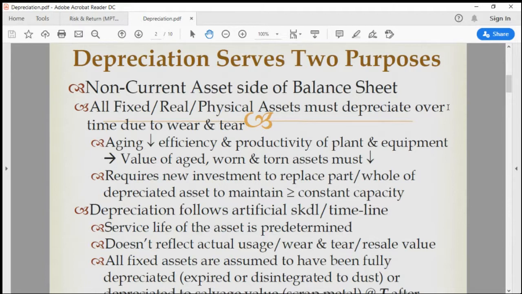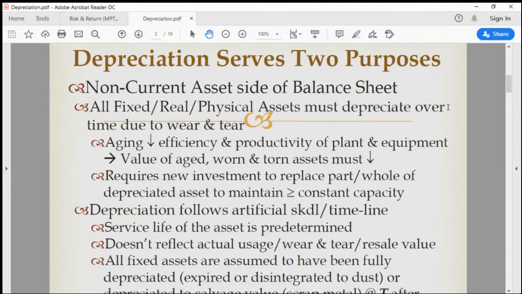In other words, on the balance sheet, your car has a predetermined service life of 5 years. Predetermined by the tax law. So predetermined means most vehicles are like 5 years. The service life of the car, let's say 5 years.